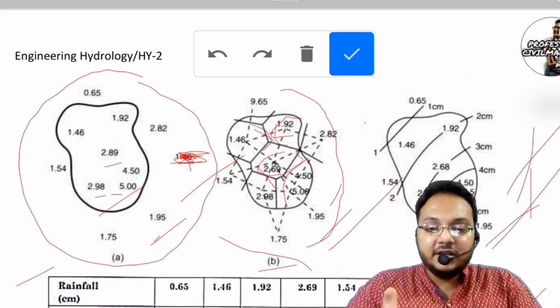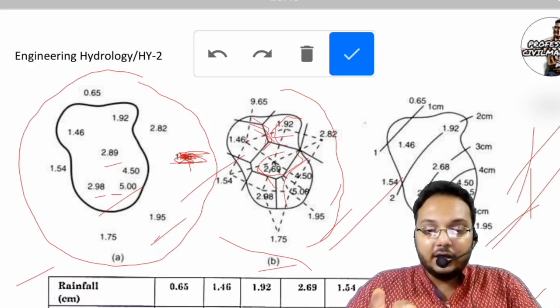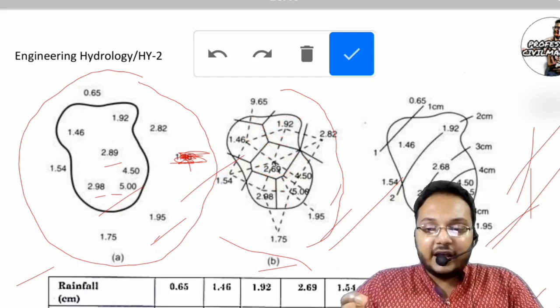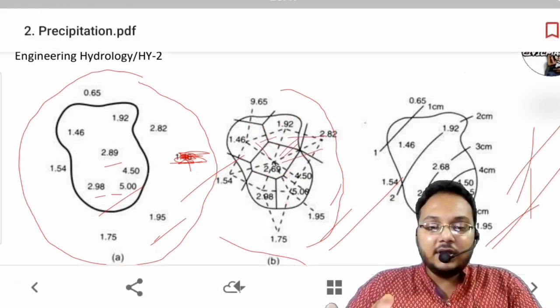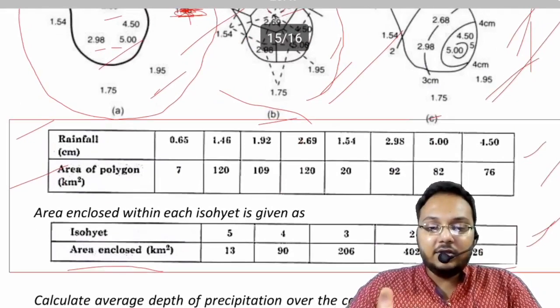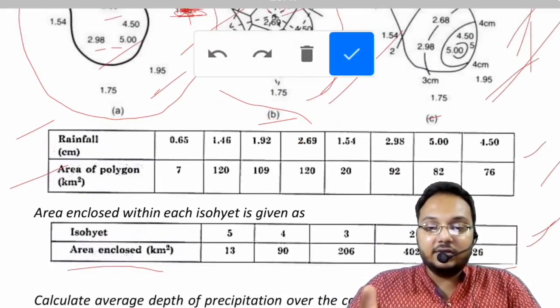So one gauging station is the domain of one polygon only. Just see the figure carefully, you will get the idea. Next, in the second step, we need to join them with dotted lines like this, and we are also given the areas for each polygon like this.